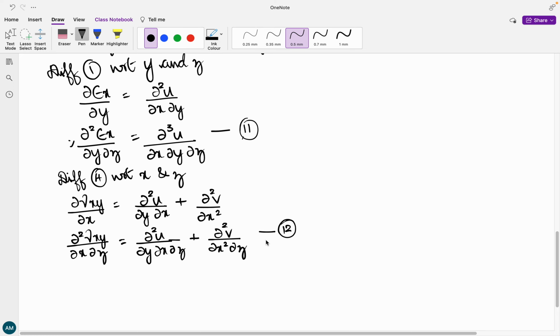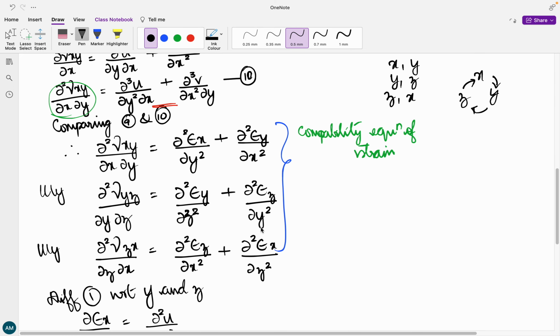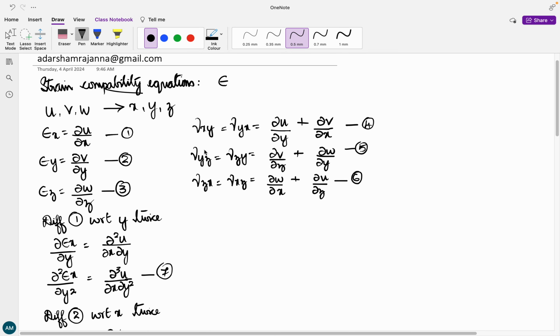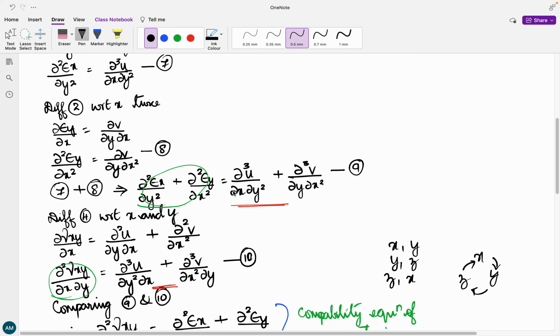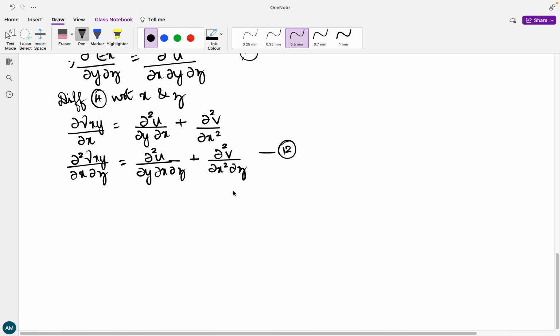That is called this as equation 12. Then coming back again, I will be differentiating equation 5 with respect to x two times. Alright. So let me just write it.